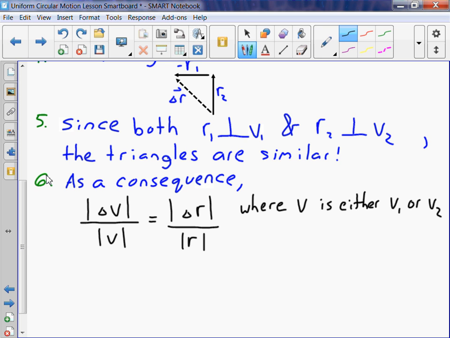As a consequence of the similarity of the triangles, now we can express equivalent ratios of the sides.